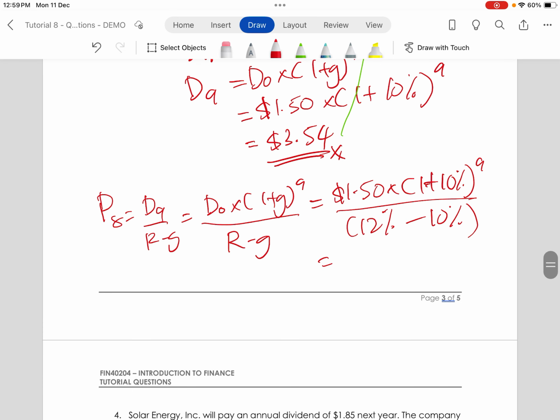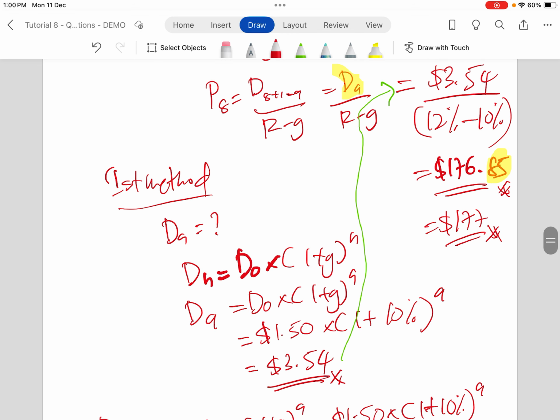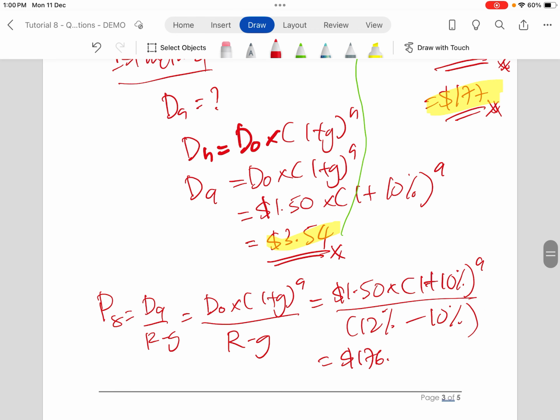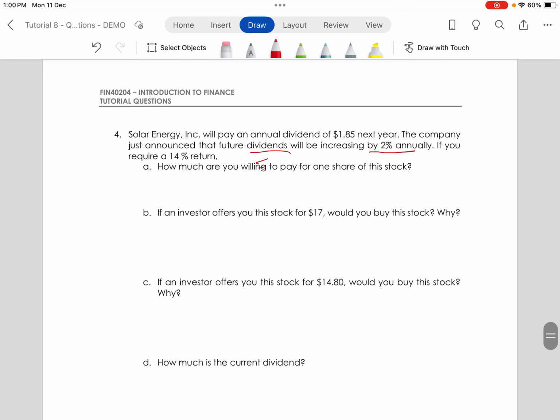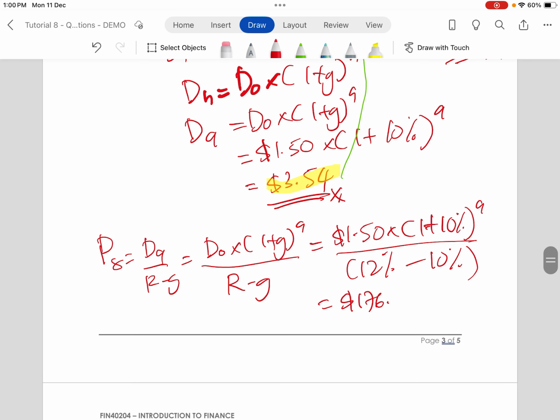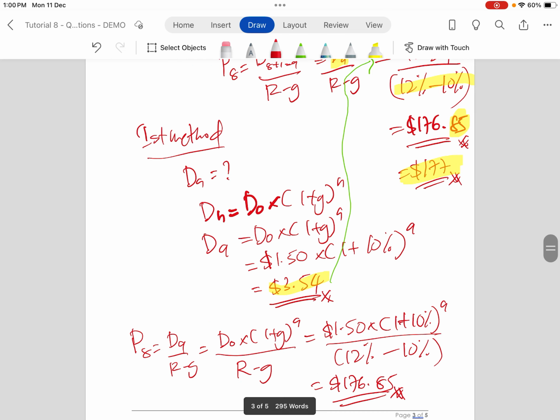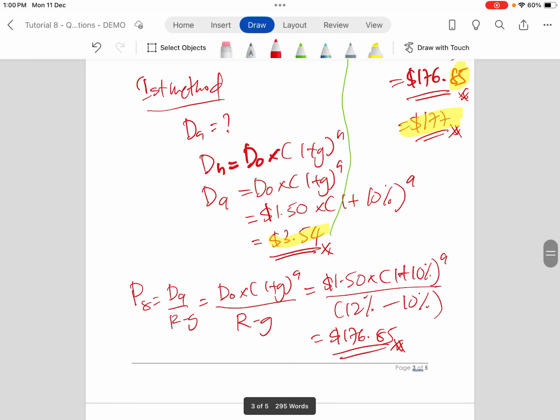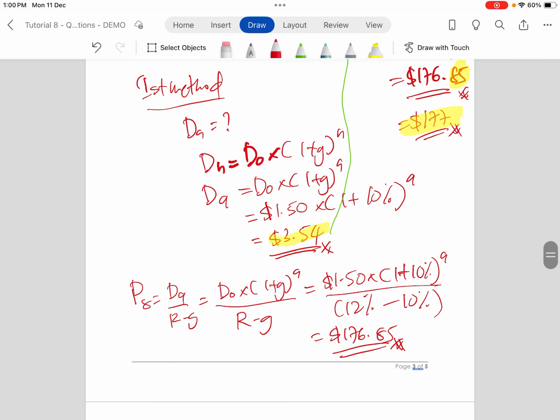If you calculate this all together, you get 176.85. If you calculate it step by step, you get this same answer. It's the same, I accept both answers, don't worry. So that's how to calculate the share price.